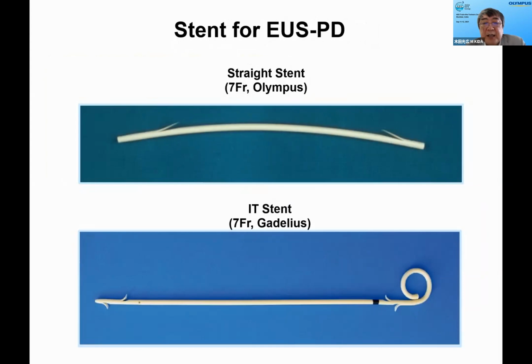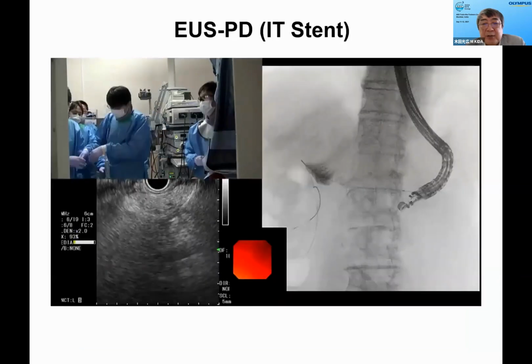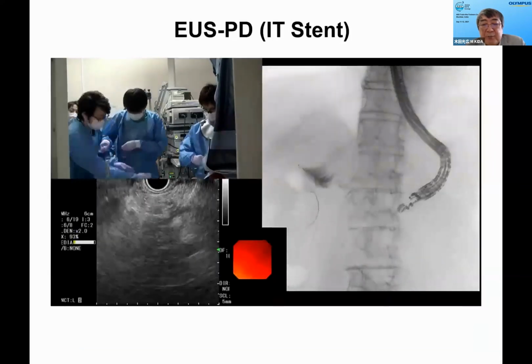In the former age, we inserted the straight stent, but nowadays Professor Takao Itoi invented the IT stent, named after him. IT means Itoi. This is a specially designed plastic stent, 7 French. Now we are planning to insert the IT stent into the MPD.